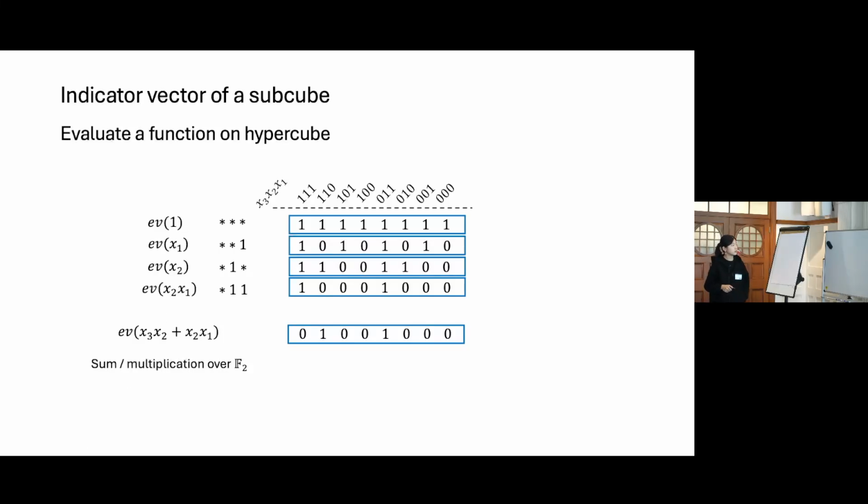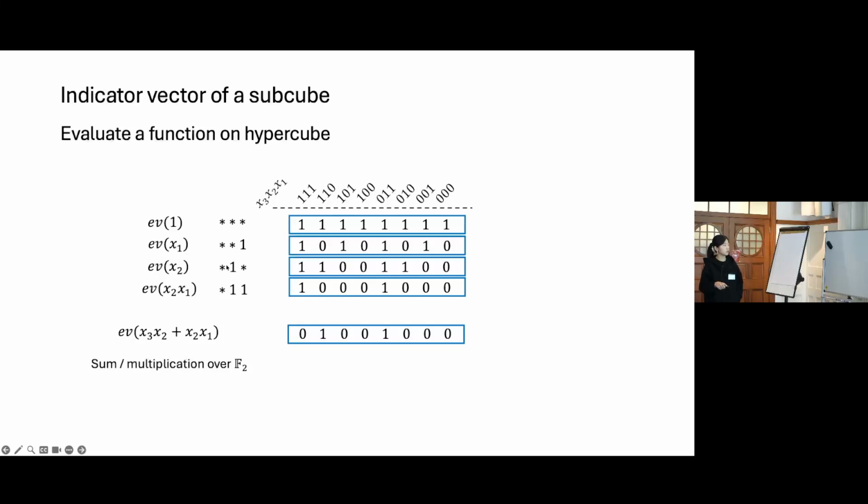For the subcubes above, you can do similar things, and you can see a connection between the evaluation of a monomial and a subcube. Basically, if, for example, 1 is present at x1, then you just put x1 here.